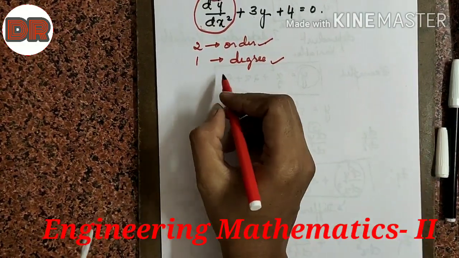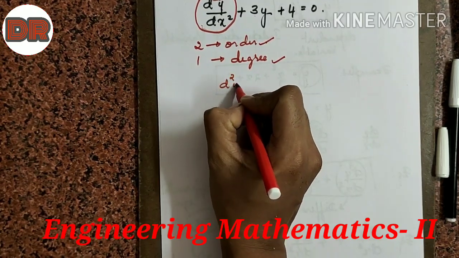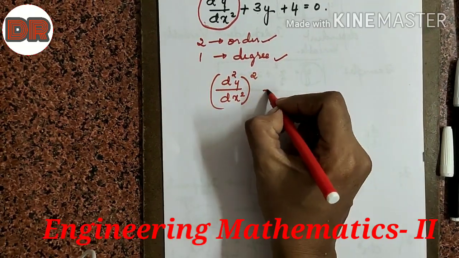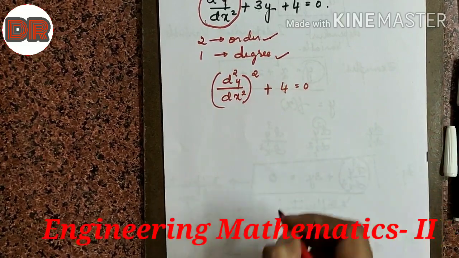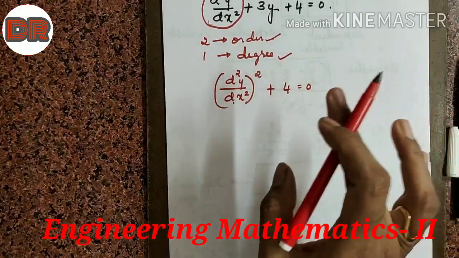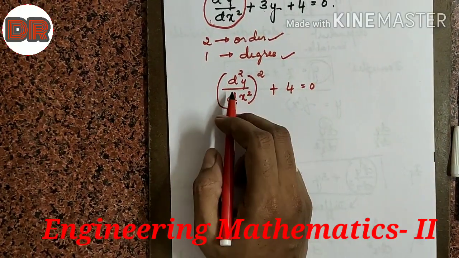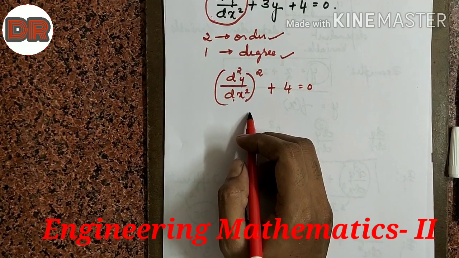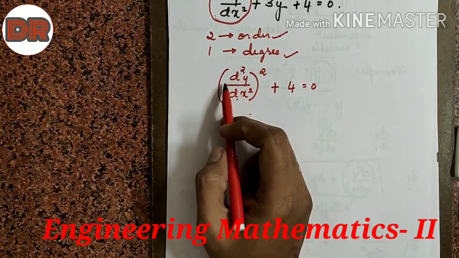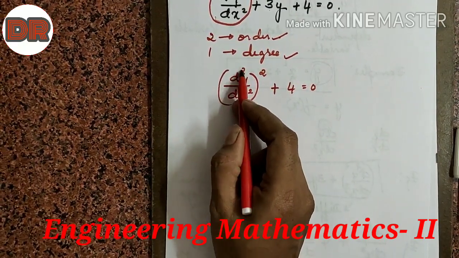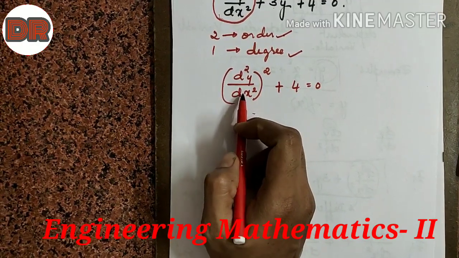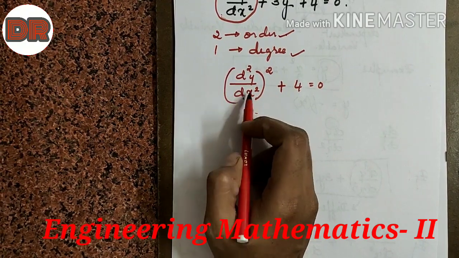Now if I take some other example, say you have d square y by dx square, and you have a square, whole square, plus 4 is equal to 0. This is a differential equation. Why? Because we have a differential term and also constants. That's no problem for us. Now let us see what is the order of this differential equation first. If I search for differential terms, I have only one differential term here, d square y by dx square, and this differential term is the highest differentiation we are doing here.